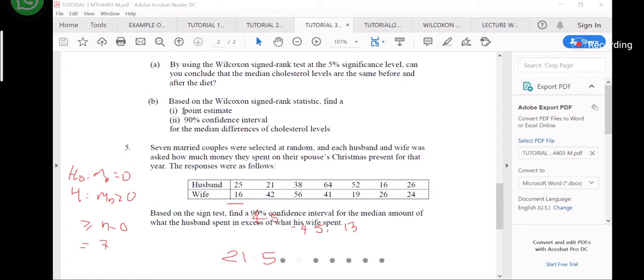Each husband and wife was asked how much money they spent. Based on the sign test, find a 90% confidence interval for the median amount that the husband spent in excess of what his wife spent.